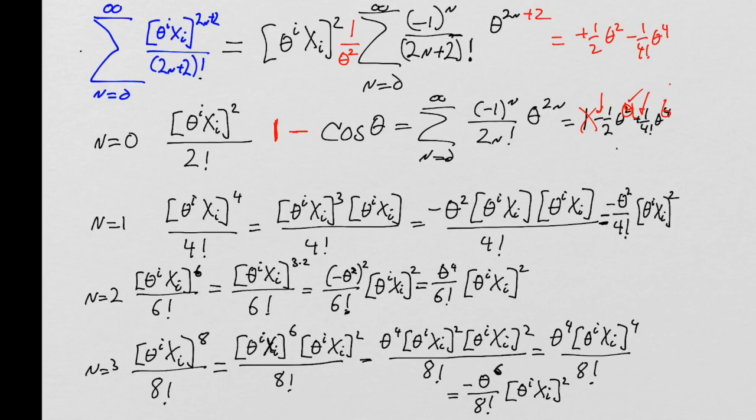So if we looked at 1 minus the cosine series, we would end up with a 1 minus here, and we would end up with a 1 minus a negative 1/2, which is plus 1/2 theta to the 4th minus 1 over 4 factorial theta to the 6th, etc. And that would actually match our sequence. So our series is 1 minus cosine theta, and then we have these factors in front.